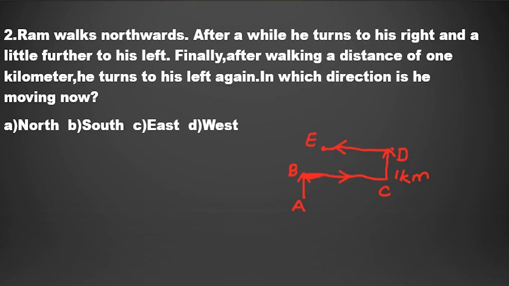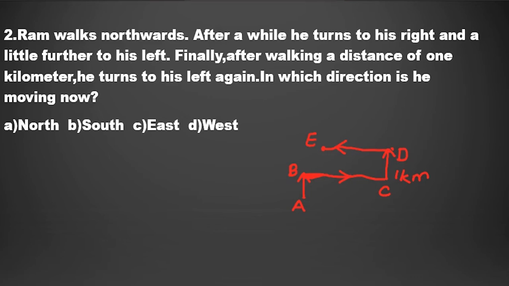He walks northwards up to B, and after a while he turns to his right. The right of B is towards the east direction. He walks east up to C, and from C a little further to his left.